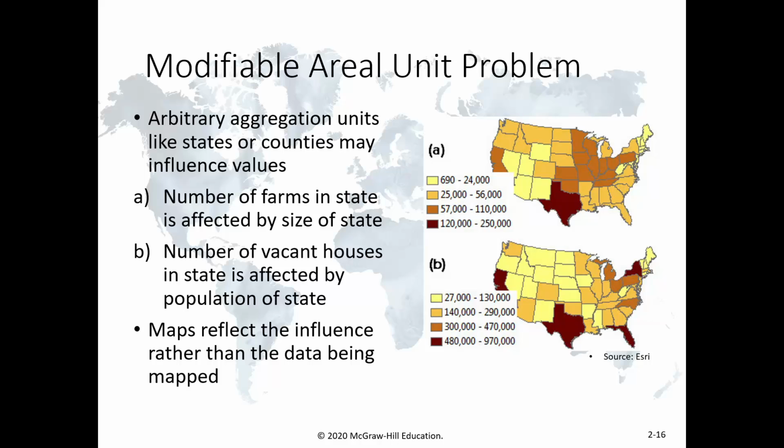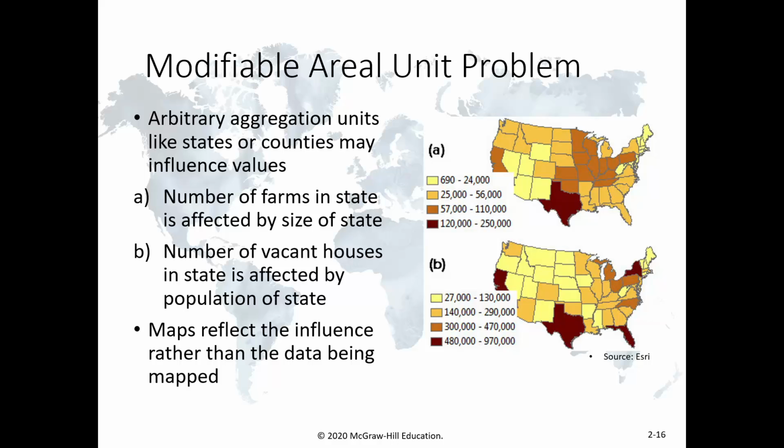Again, when we are comparing states like California and Texas versus smaller states like Maine, California and Texas will, on average, just have more data points due to the size of their population and the size of their polygon, and therefore the maps will reflect the influence of the size of these polygons and the amount of data rather than actually showing normalized data.